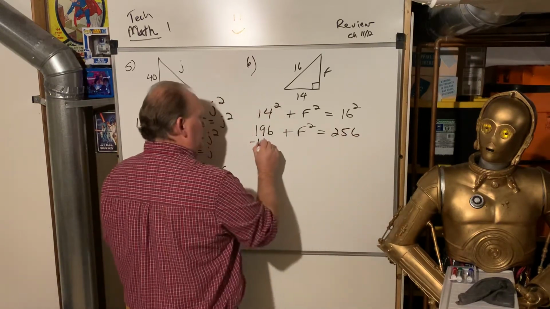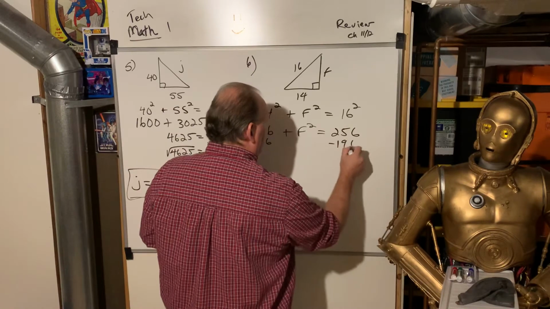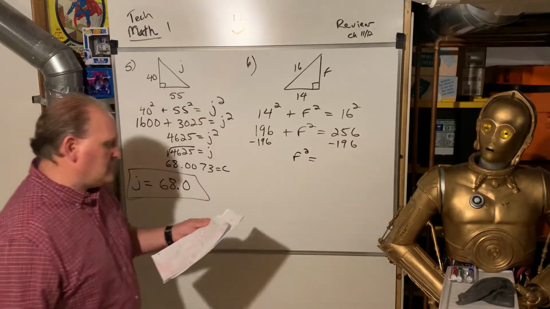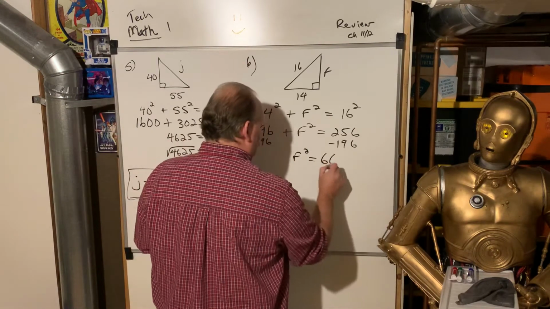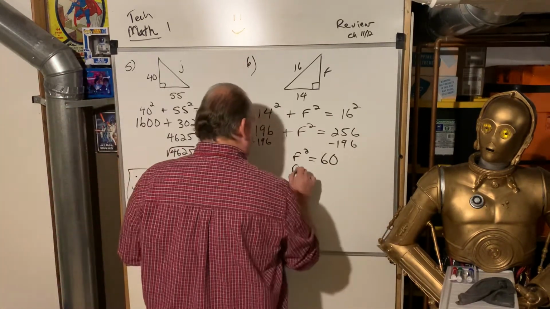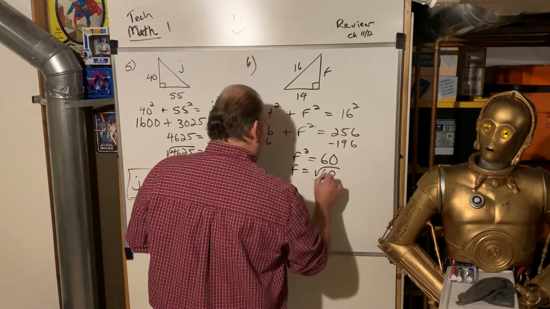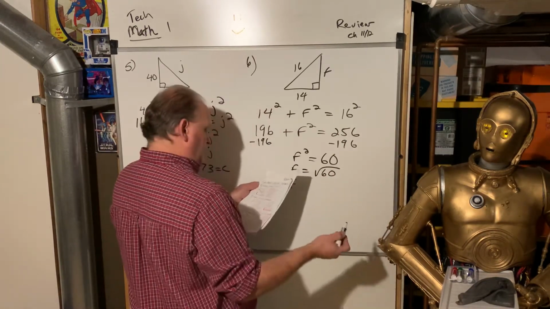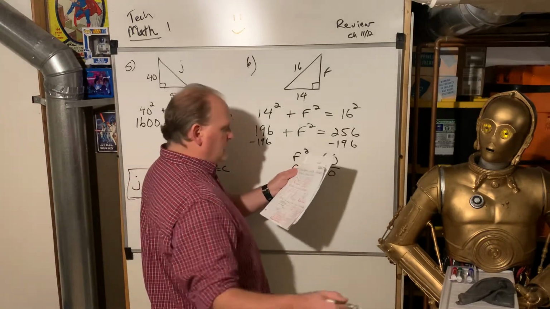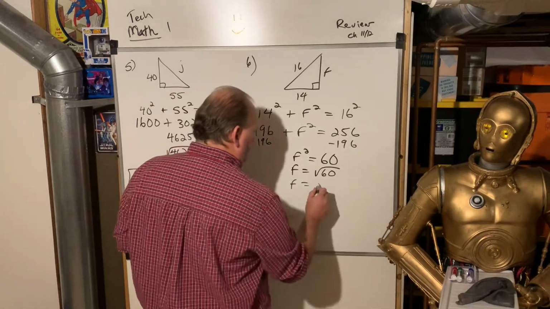And subtract off the 196. We got F squared, that isolates our variable, right? F squared is equal to 60. And then take the square root of 60. And round to hundredths. So it is 7.74596. We'll call it 7.75.